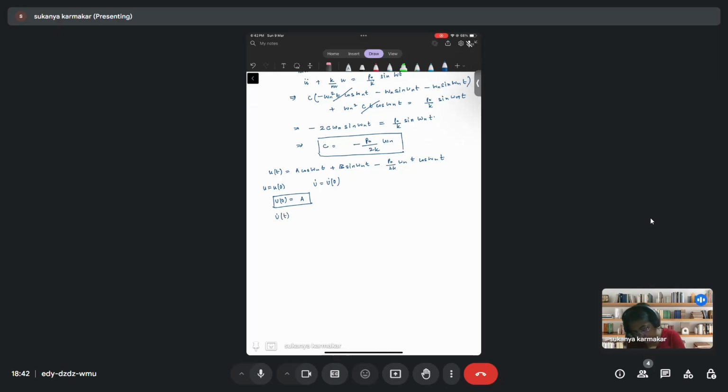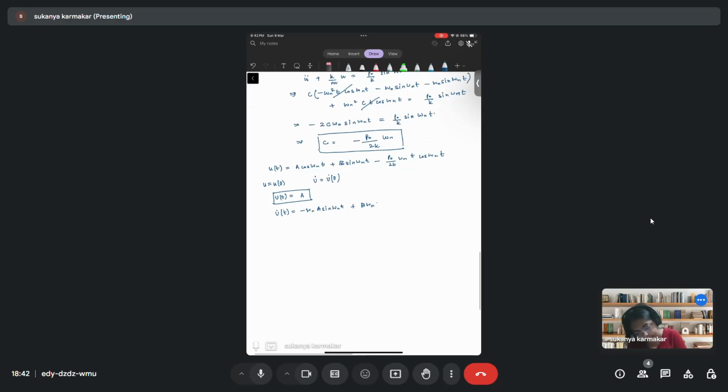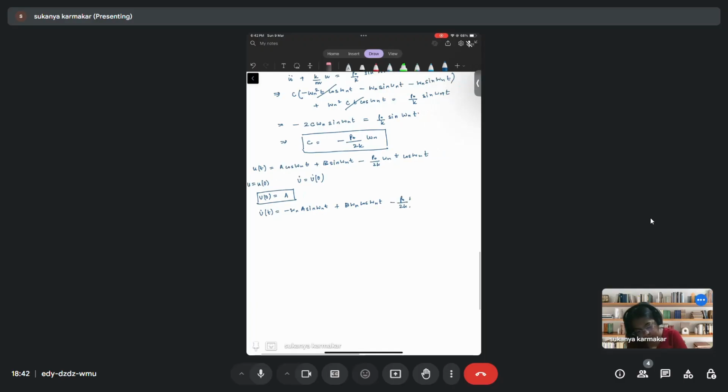For that, u dot is equal to minus omega n a sine of omega n t plus b omega n cos of omega n t, minus p naught by 2k omega n.